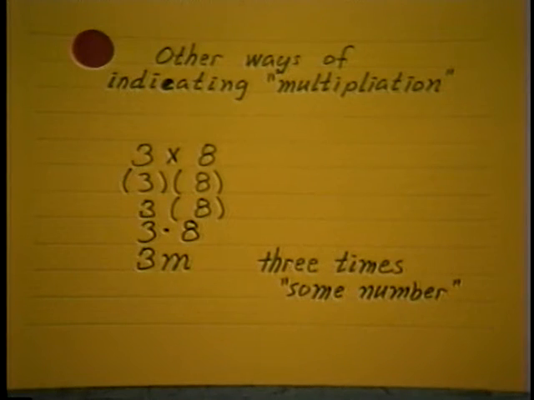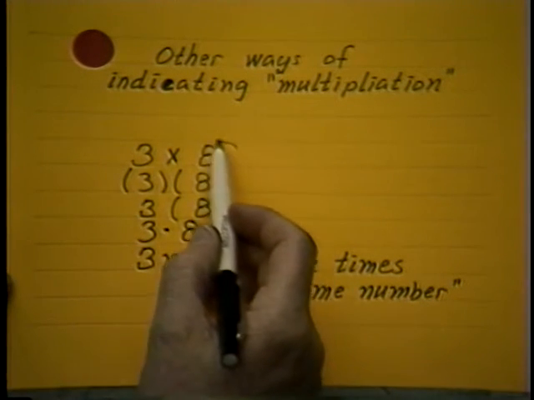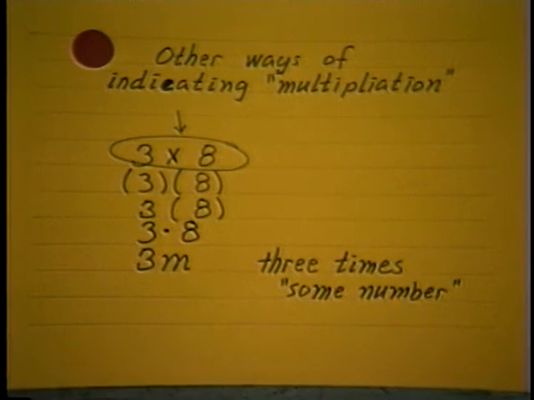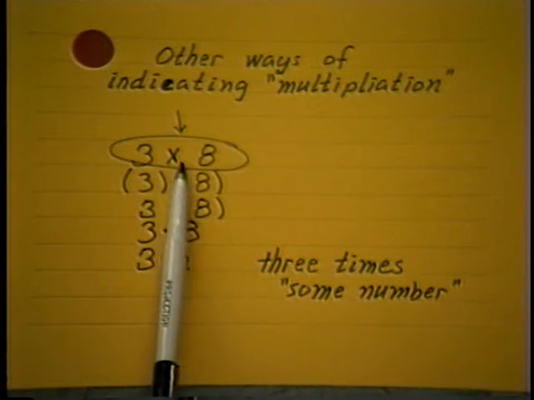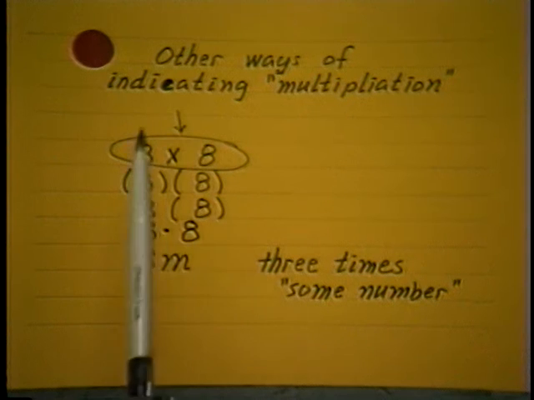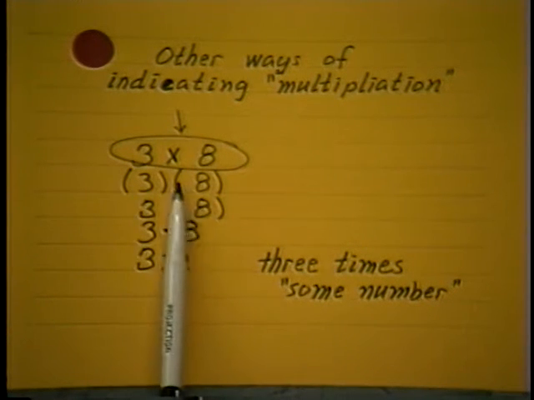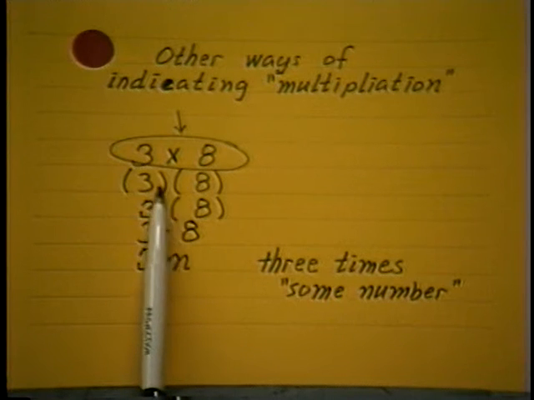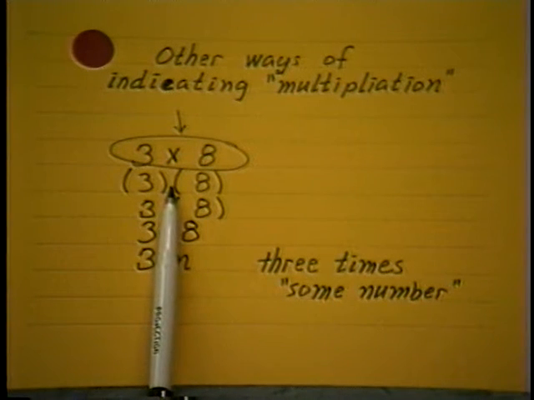And along with a new vocabulary is a new symbology. The use of this small x is a usual way most people are familiar with an indicated product. Other ways that you'll encounter in the future is if we put the numerals in parentheses and shove the parentheses against each other with nothing in between.